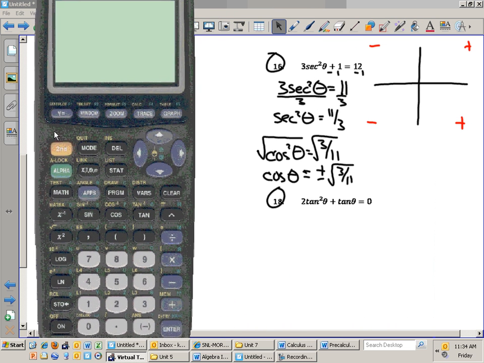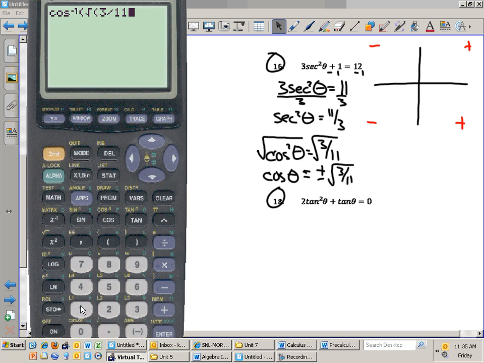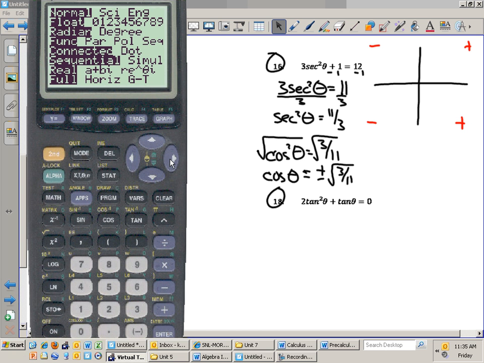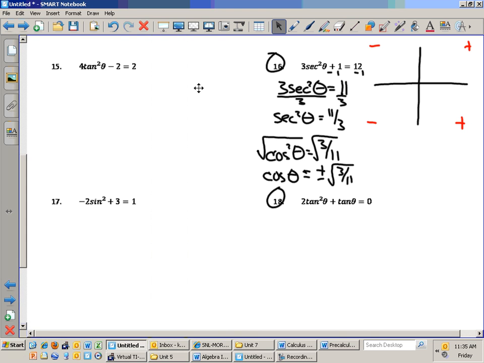It's not that much different. All I do is I take my calculator and I go cosine inverse of the square root of 3 divided by 11. And need to work in degrees. 58.52.